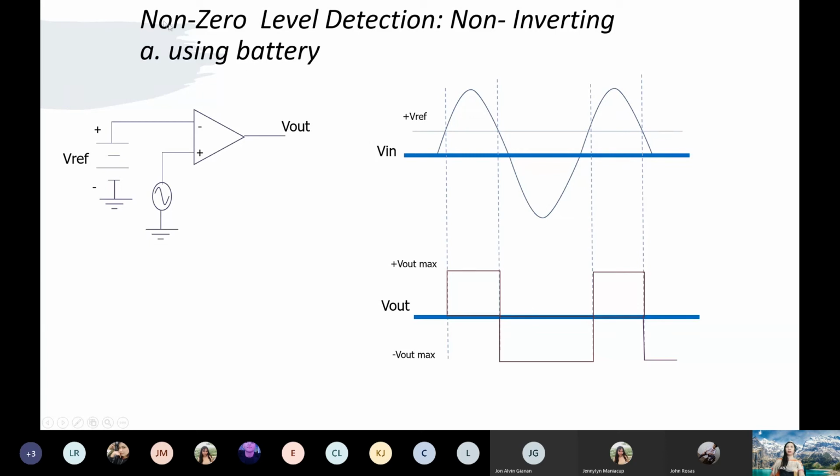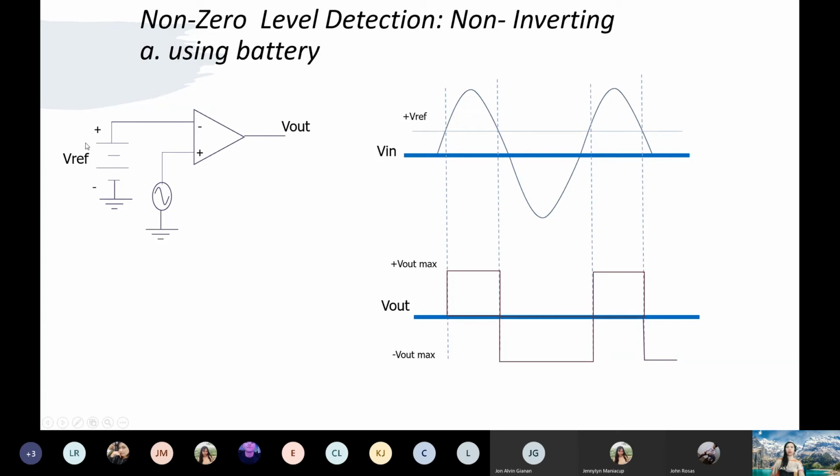Okay. So with non-zero level detection, your reference voltage is no longer equal to zero, since your reference voltage is simply not connected to the ground. We have three types of non-zero level detection. First of which is using a battery.